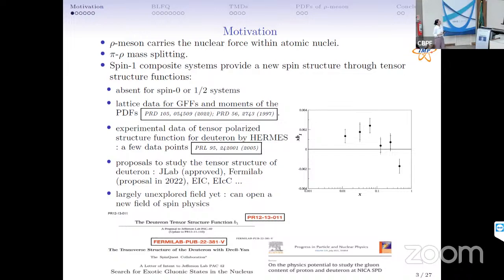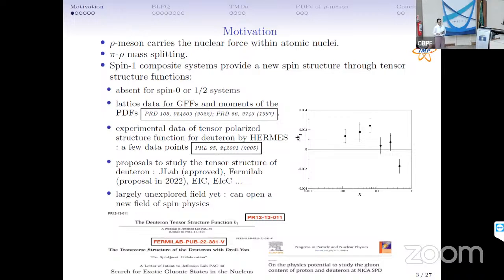We all know that pi and rho have similar quark components, but they have a huge mass difference between them. So it is very interesting to understand this. And spin 1 has a special tensor structure, coming from the tensor structure functions, that cannot be found in spin 0 or spin half systems.